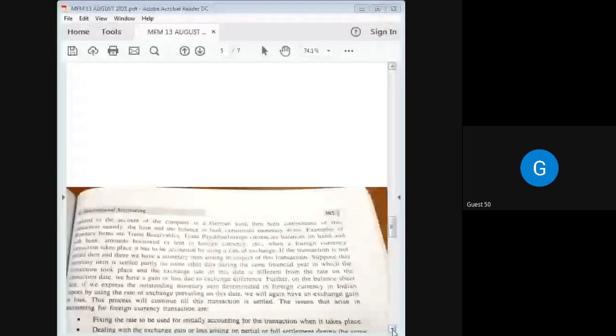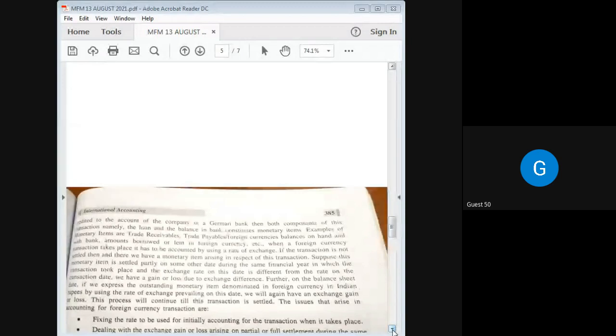So this is an example where an Indian company raised a loan and the account of the company was credited. Obviously, the company is raising the loan, so the account of the company will be credited. Then both components of this transaction, namely the loan and the balance in bank, constitute monetary items.